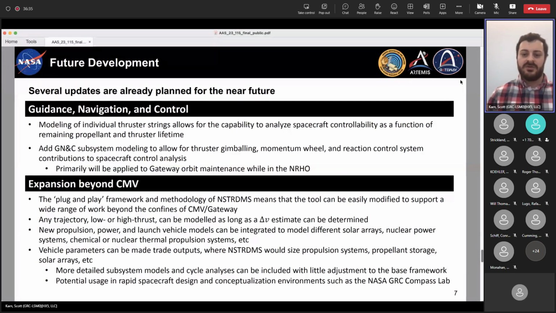For different mission sets, different propulsion systems and different vehicle masses, I can run that spiral through NSTRDMS very quickly. So this was very useful for that analysis, and it only took about a day of work to get all of the inputs set up to run that mission instead of PPE. So there is a future.